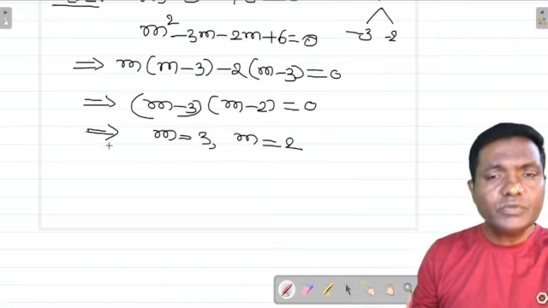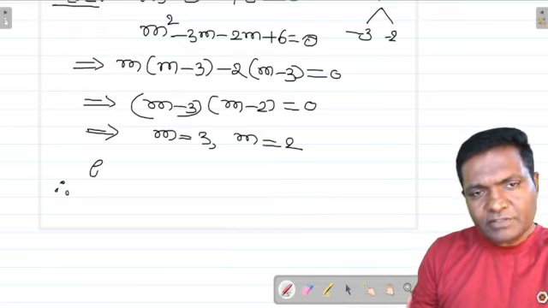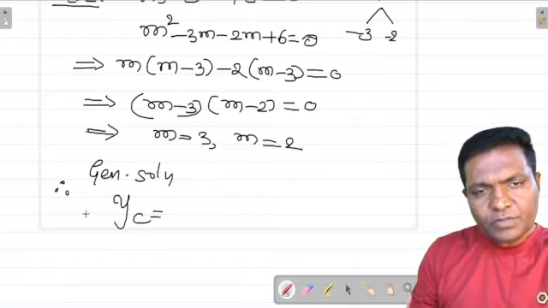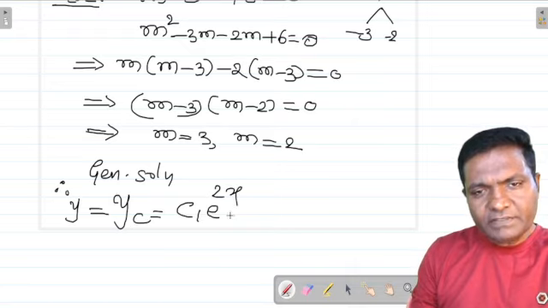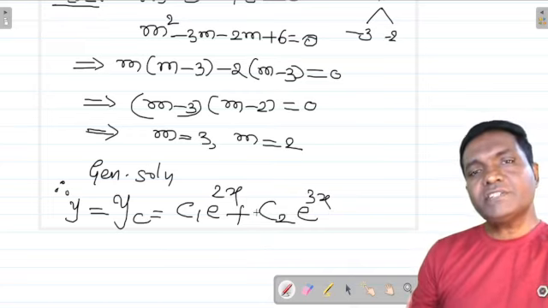So these are the two distinct roots. Therefore your general solution, it being homogeneous, is y equal to yc, and these are two distinct roots, so yc is c1 e^(2x) + c2 e^(3x). This is the complementary function for the given differential equation.